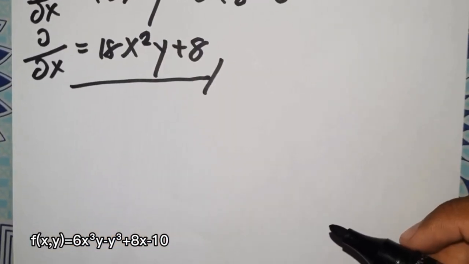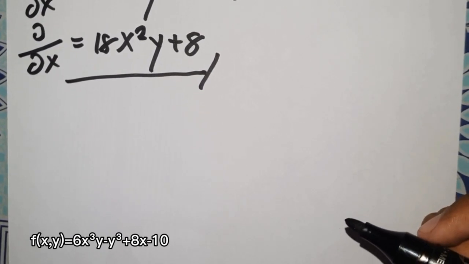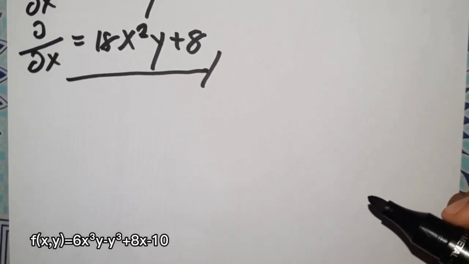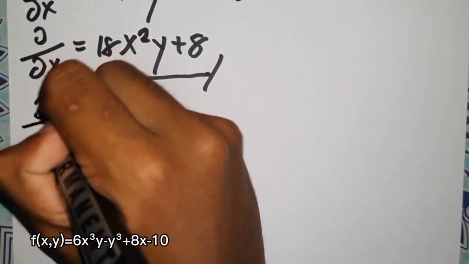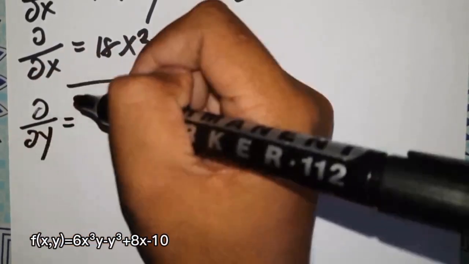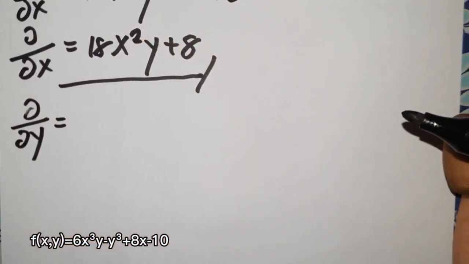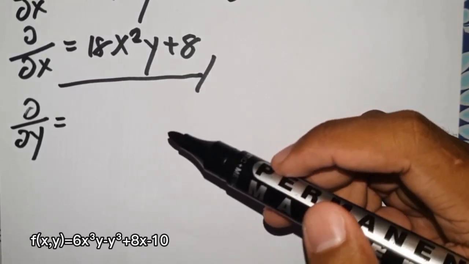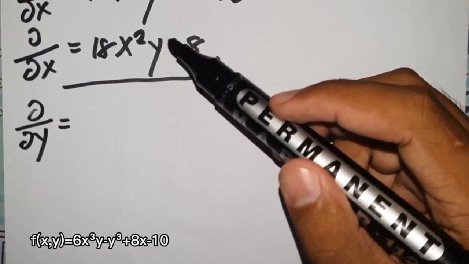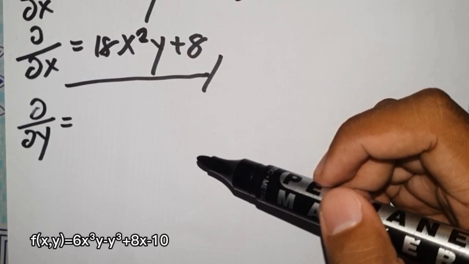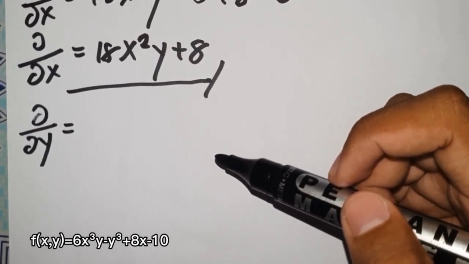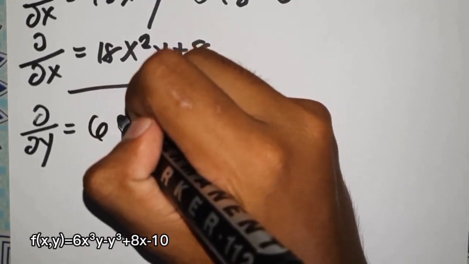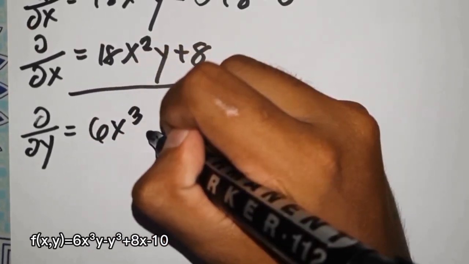Second, to find the partial derivative of f with respect to y, treat x as a constant and differentiate each term with respect to y. First, the derivative of 6x cubed y. Here, x cubed is treated as a constant, so we just differentiate y to get 1, leaving 6x cubed.